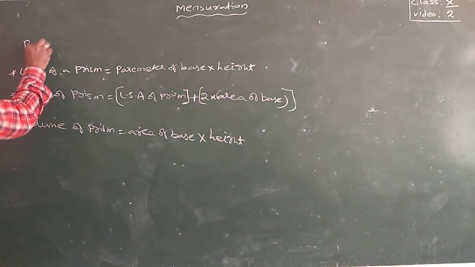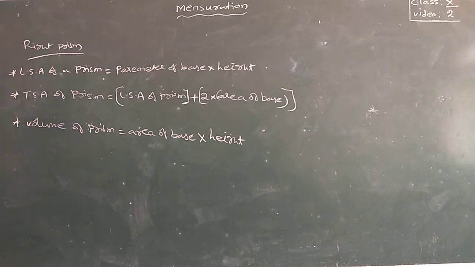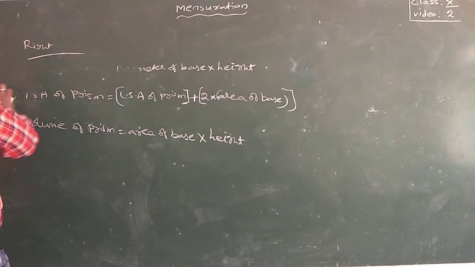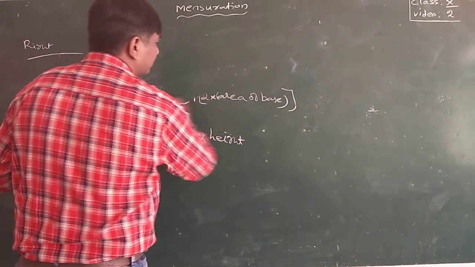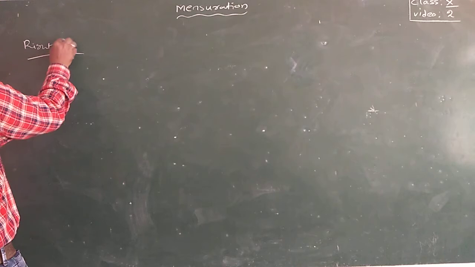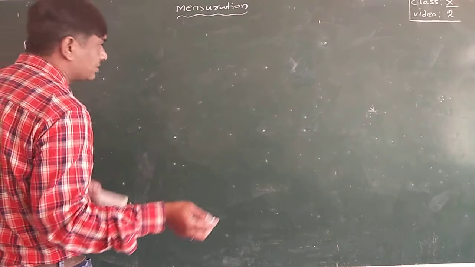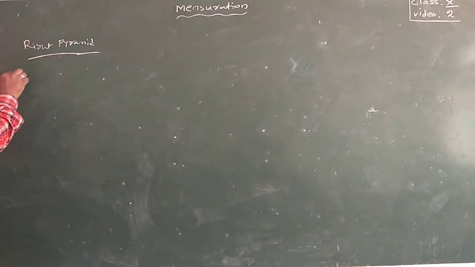These are the formulas of a right prism. Next, right pyramid. A pyramid is also the same shape; the base will depend on the base.